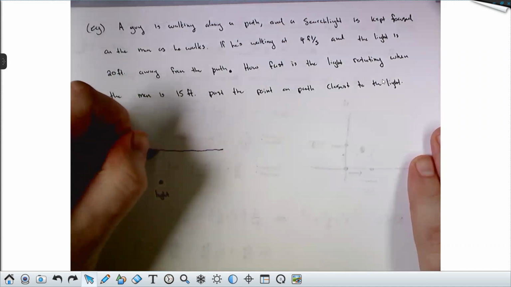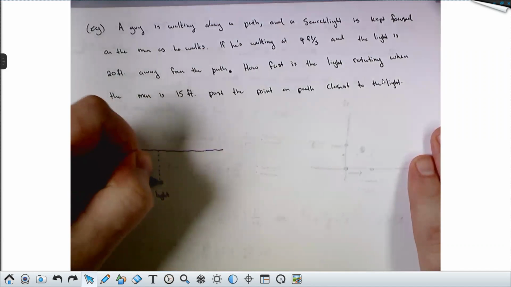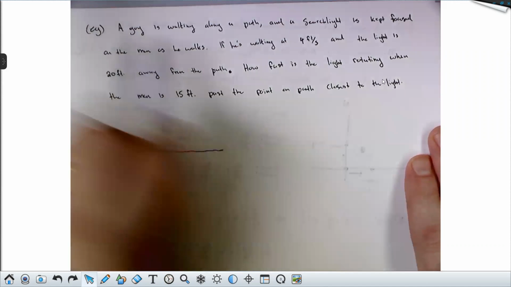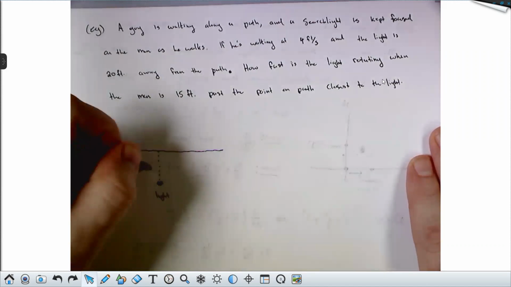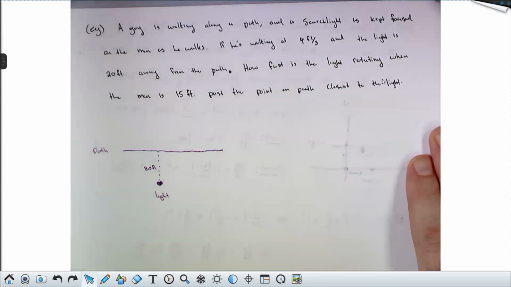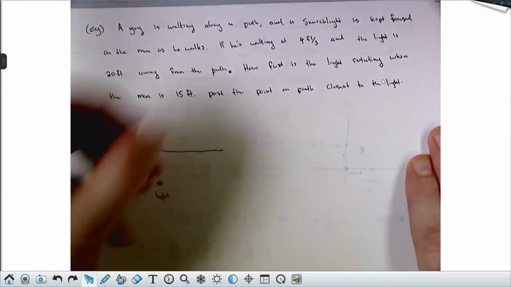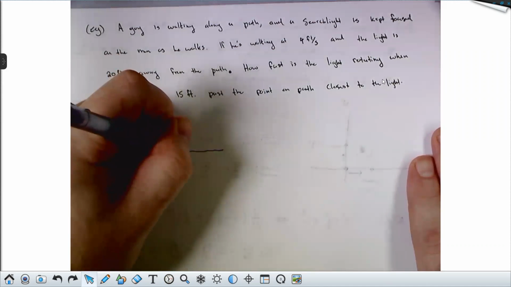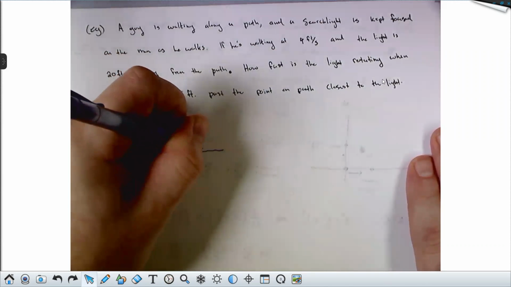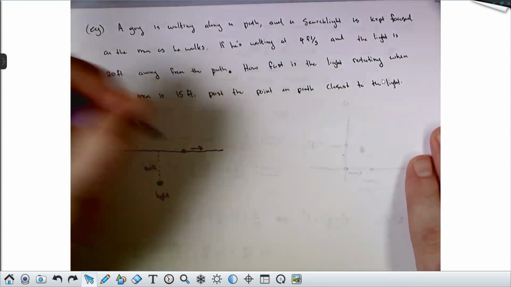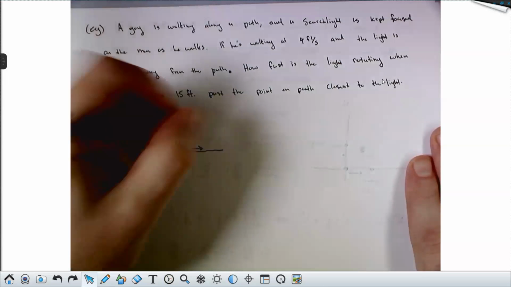I know that this light is located 20 feet off the path, right? So this distance right here is 20 feet. And I know my dude is walking like this at 4 feet per second.